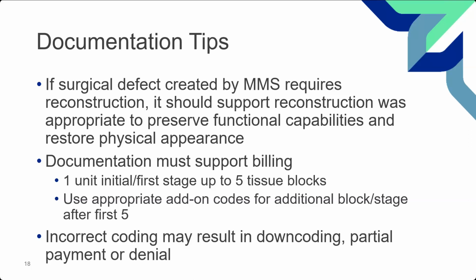And then you would use the appropriate add-on code for additional blocks or additional stages after the first 5. And we'll talk about that in a little bit as well. And then incorrect coding is probably going to result in either a down code or a partial pay or even just a flat-out denial of services.